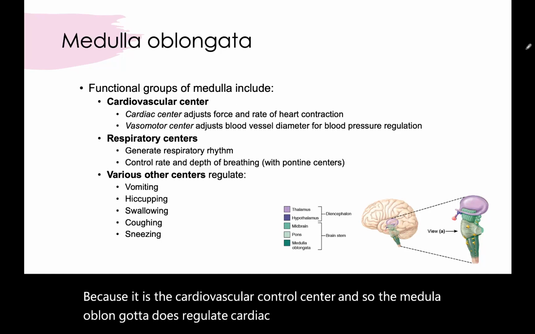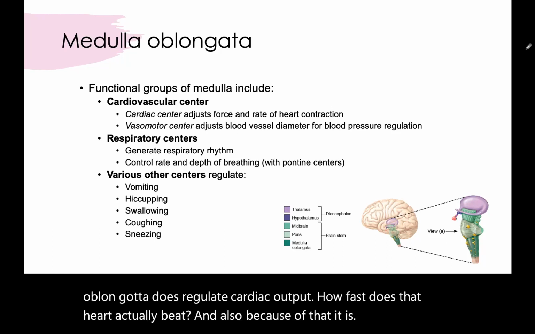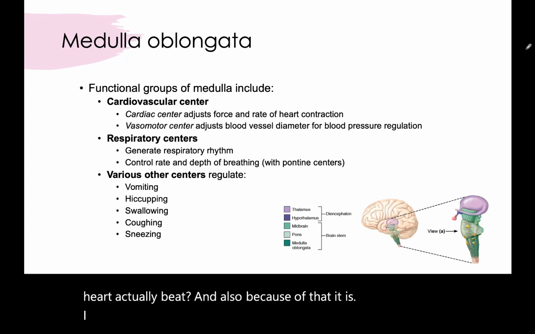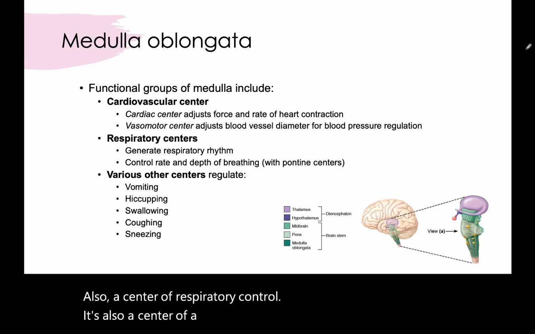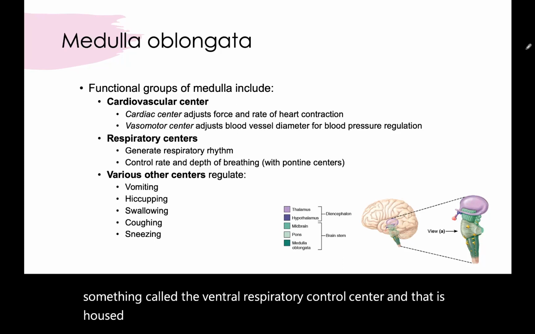How fast does that heart actually beat? And also because of that, it is also a center of respiratory control. And so we have something called the ventral respiratory control center, and that is housed within the medulla oblongata.